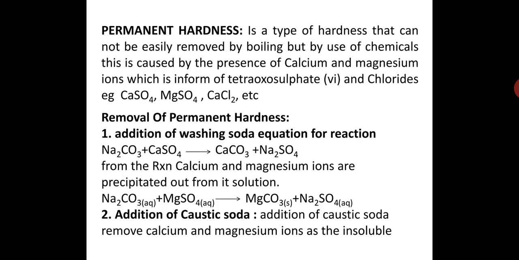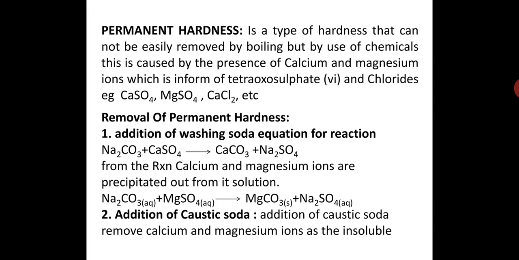Permanent hardness is the type of hardness that cannot be easily removed by boiling, but by use of chemicals, and is caused by the presence of calcium and magnesium ions, which are in the form of tetraoxosulphate 6 and chloride.